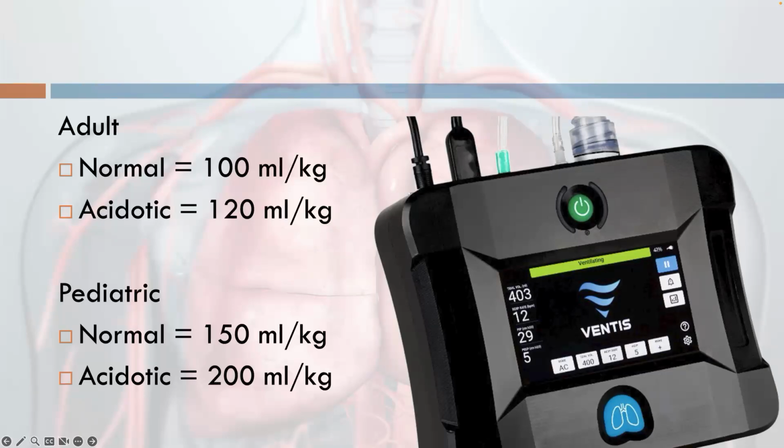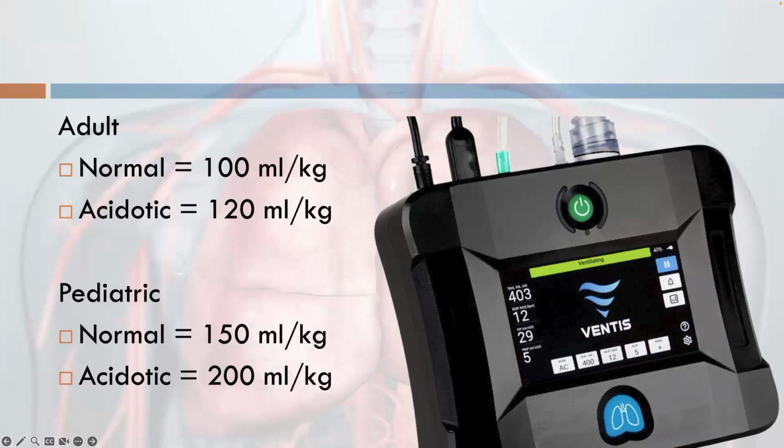If her tidal volume at 6 mLs per kilogram was 300 mLs, so 5,000 divided by 300, or 50 divided by 3, is 15-ish. So her respiratory rate is 15 to 16.